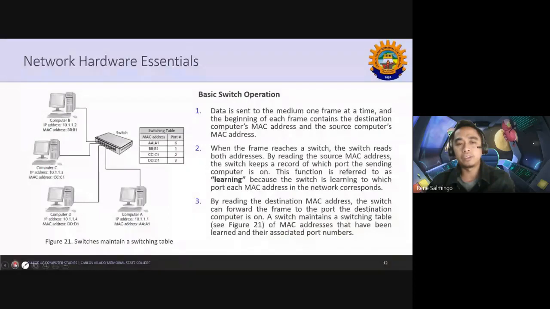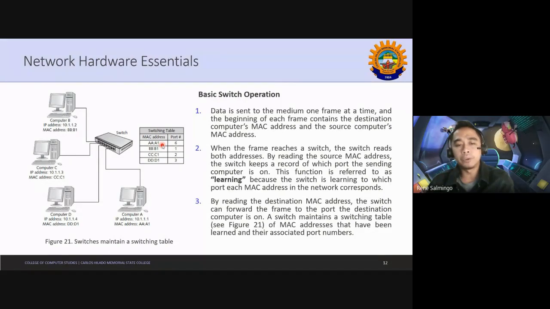Now for basic switch operation. Again, a switch operates using a switching table, and your physical address is your MAC address, or media access control.